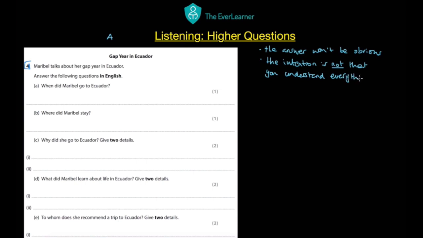Okay, so it's one of those cases where they're trying to see if you can work things out to an extent. Okay, so don't be too worried if you are not understanding everything. Next, the other thing you need to remember is that there's no need for full sentences.